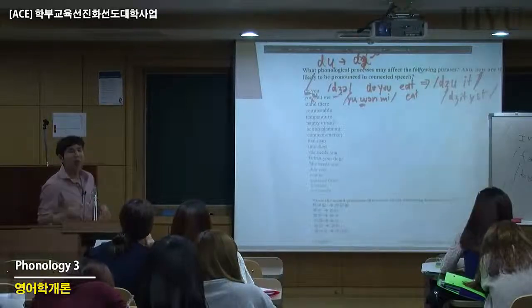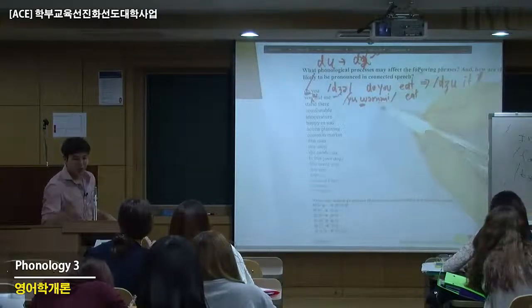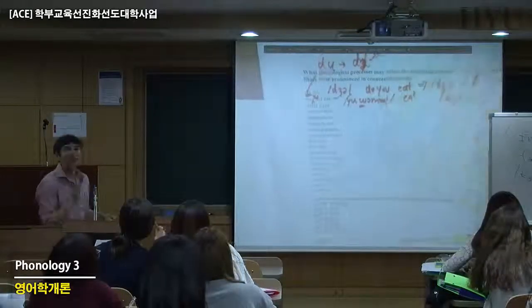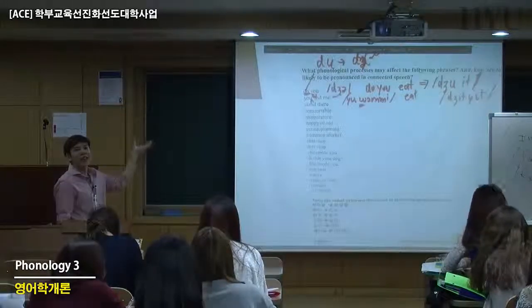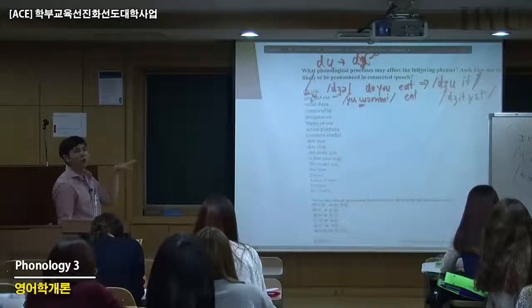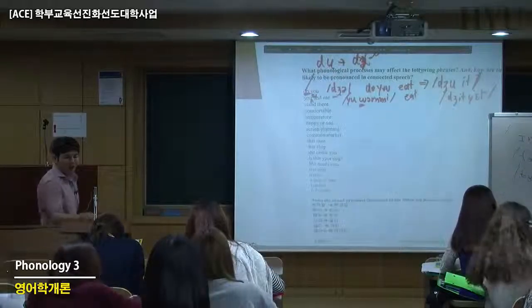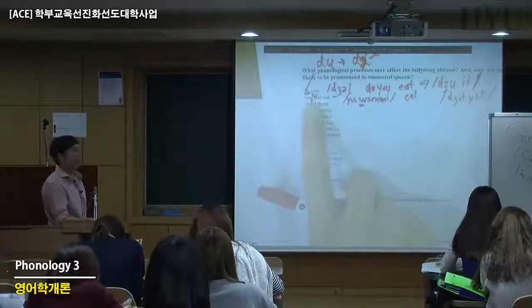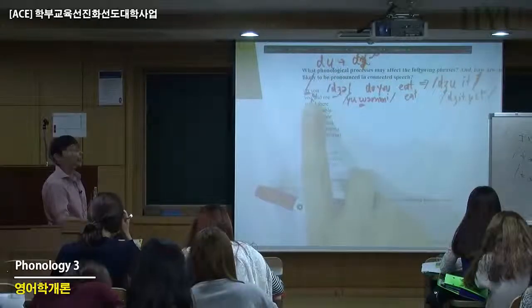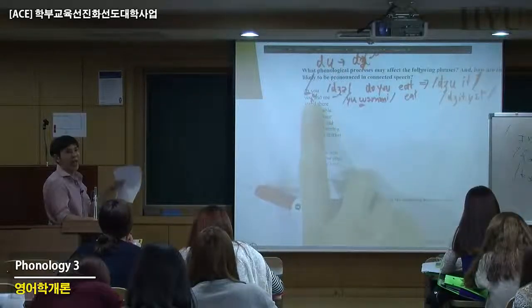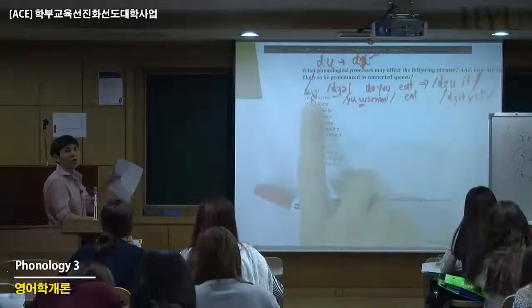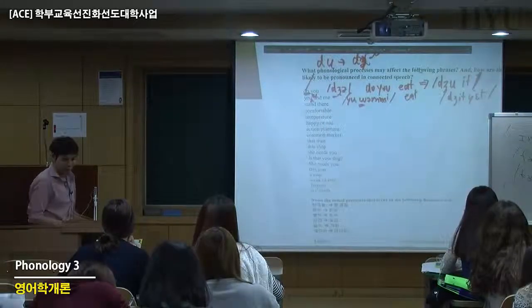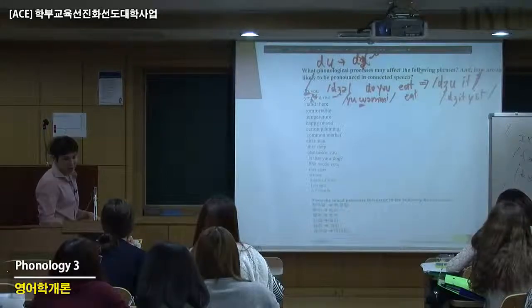Or even you and me, like that, because it becomes alike. So there are many things going on here, but the most important thing seems to be that we stick in a consonant. We insert a W between you and, or else you have 2 vowels in a row, which we don't like.